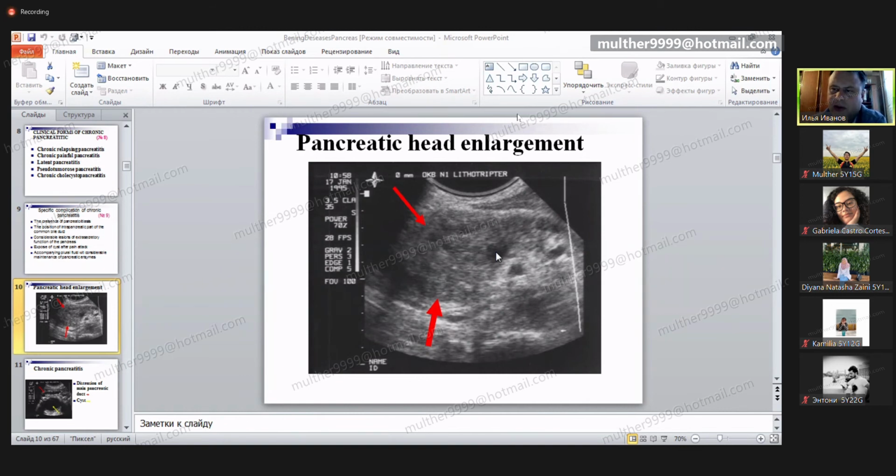It's special for ultrasonography, but you need to know the principles of the ultrasound investigation of the pancreas and other organs. And here we can see the white objects, usually the calcification, and some black objects.